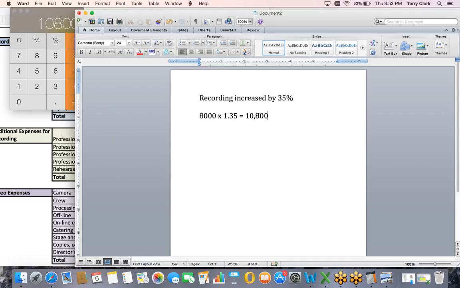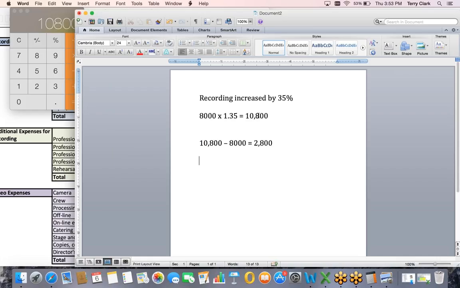Now, what if they wanted to know what the increase was? The increase is not the percentage. We could do that one or two ways. We could take 10,800 and subtract 8,000 from it to see how much it really did go up, and that went up 2,800.